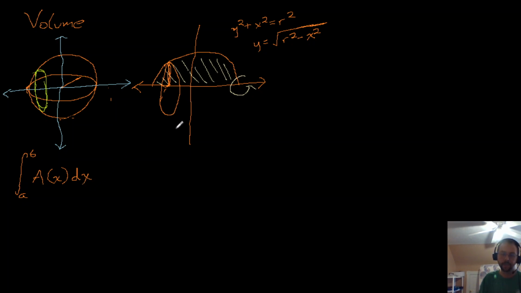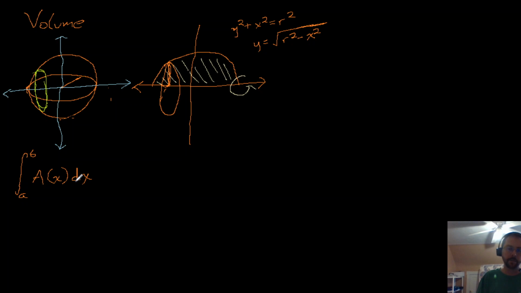And in this case, we want the thickness to be dx, just like when we did finding the area under a curve, where the base of the rectangle was dx. In this case, the thickness of the super thin cylinder is dx.